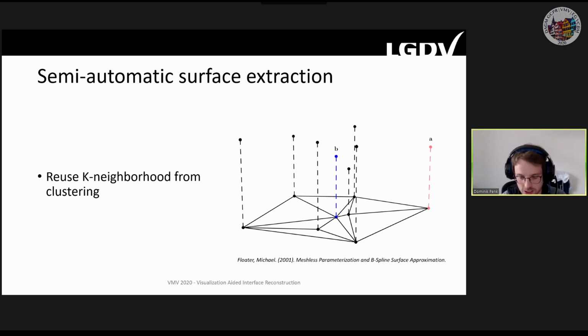And here we look at a single atom and its neighborhood. For example, 32 nearest neighbors, project them onto the best fitting plane, do a Delaunay triangulation of these projected points and check if the point is on the boundary or in the interior. For example, if A would be the starting point, then A is on the boundary of the triangulation and therefore also on the boundary of the cluster, whereas B would be an interior point of the cluster.